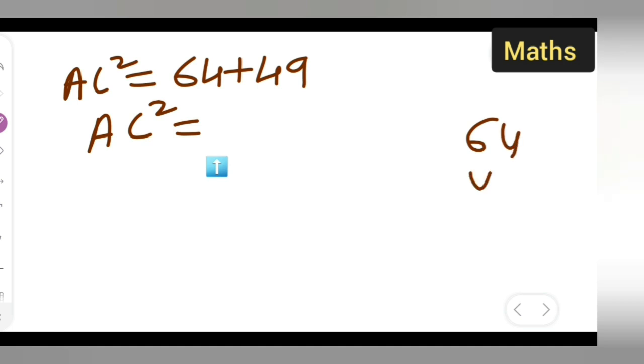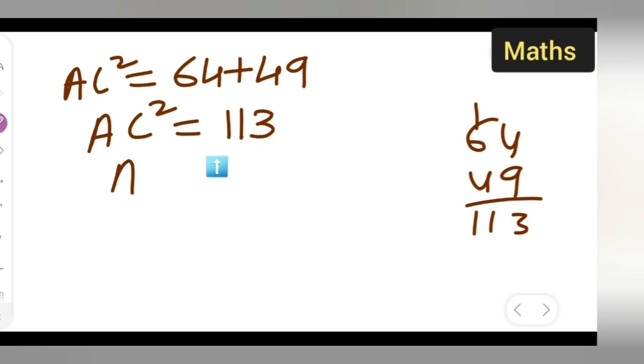So directly let me write 64 plus 49. Now add these two numbers and see what you all are going to get. 113 all are going to get.